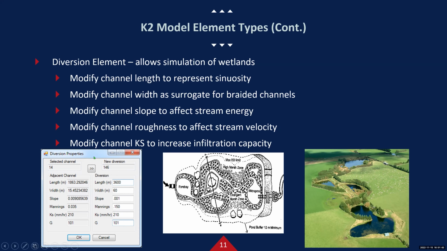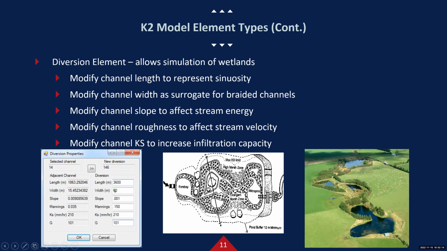So what we can do is take a given element and say, all right, I'm going to select a channel that's been represented by AGWA, and I'm going to change its characteristics. So this is the old element, and this is the new element identifier. And here's the information about how the characteristics change.